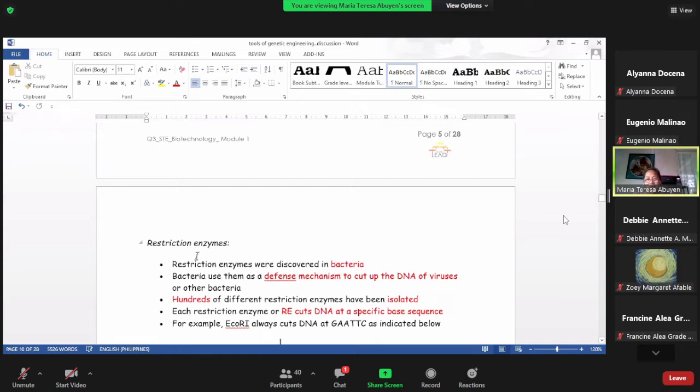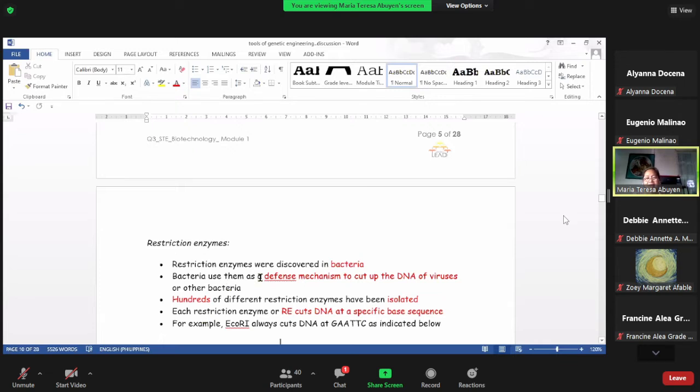So, the restriction enzymes recognize certain sequences in the DNA of the virus, and then they cut it up. They do this so that the virus will not multiply inside the bacterium. Okay, so that is their defense mechanism. They cut up the DNA of the viruses or other bacteria that want to infect them. So that is where bacteria use restriction enzymes.